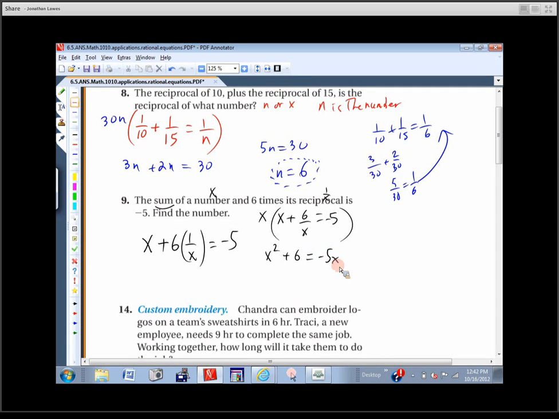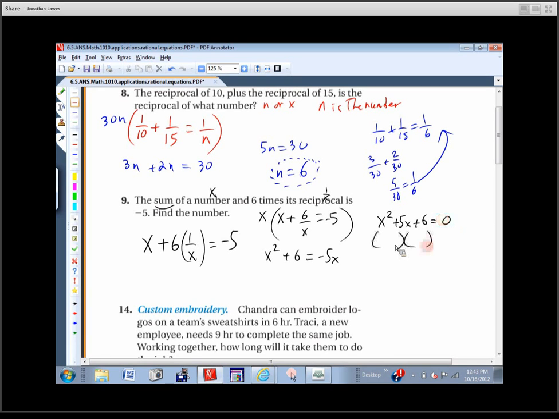Now we take a look at this for just a second because we learned how to solve these not in this chapter but in the previous chapter. So we've got x squared plus 6 equals -5x. What do we normally do with a problem like this? Set it equal to 0. We set it equal to 0 so we can take advantage of the 0 property of multiplication. So if I move the 5x to this side, they're all positive now.